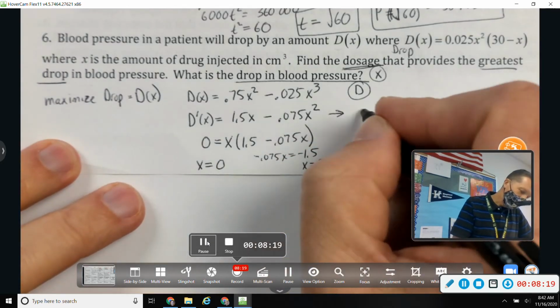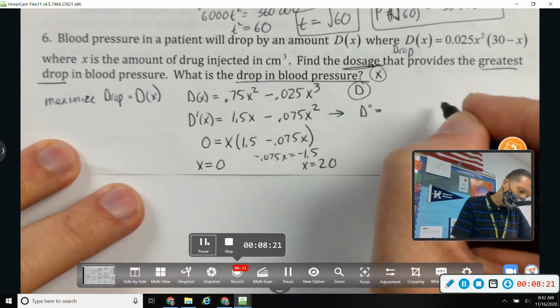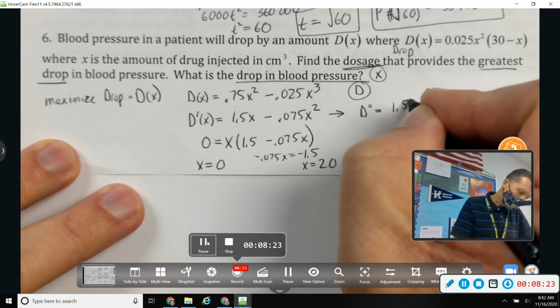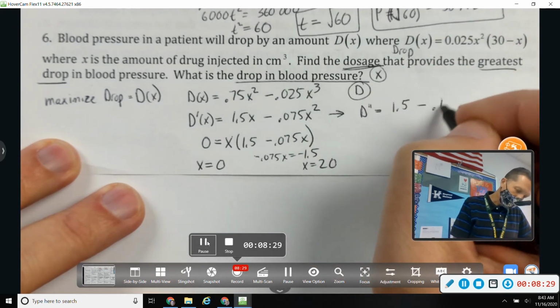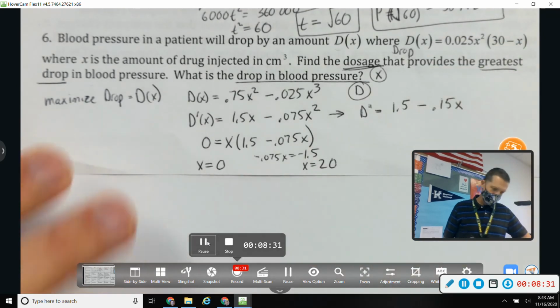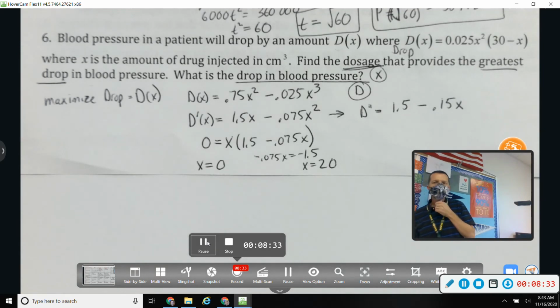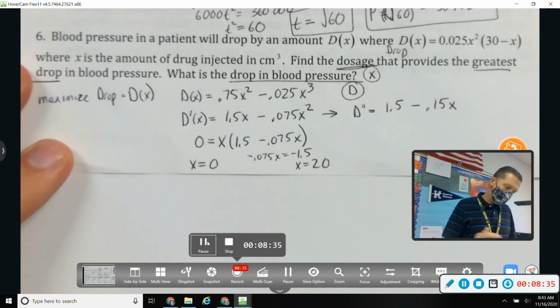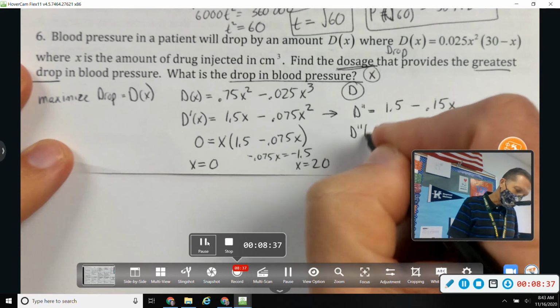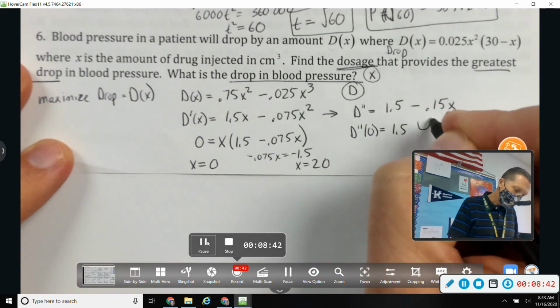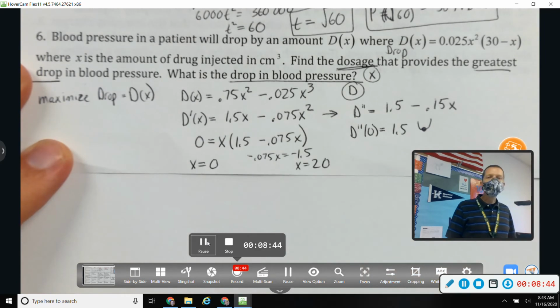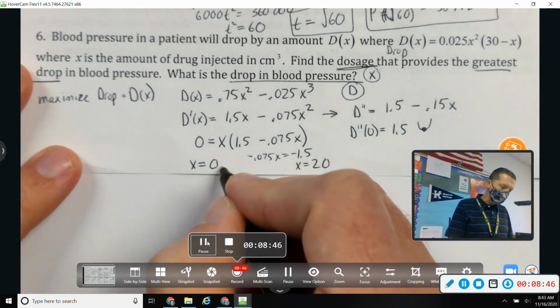But let's do a second derivative just to make sure. 1.5 minus 0.15x. So the second derivative at 0 is positive. So that means X equals 0 is a minimum.